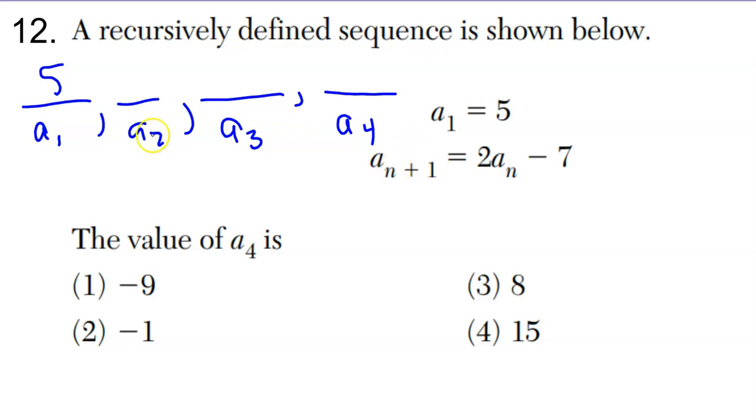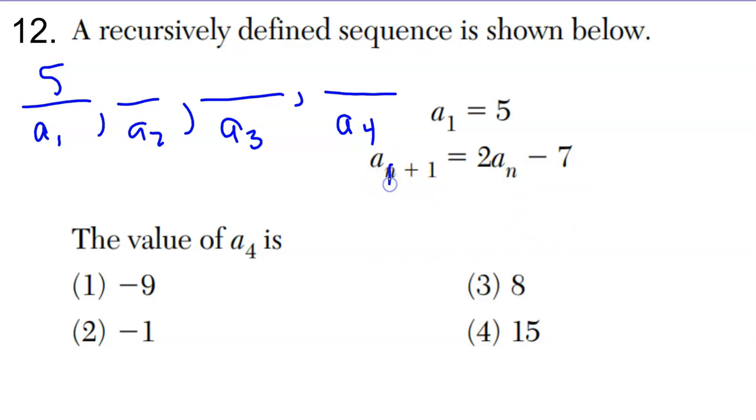Okay, so if I want to find a sub 3, I'm going to put a 2 here, I'm going to put a 2 there. So the answer for a sub 3 is 2 times a sub 2 minus 7. But I don't know a sub 2 yet, so it looks like I need to back up.